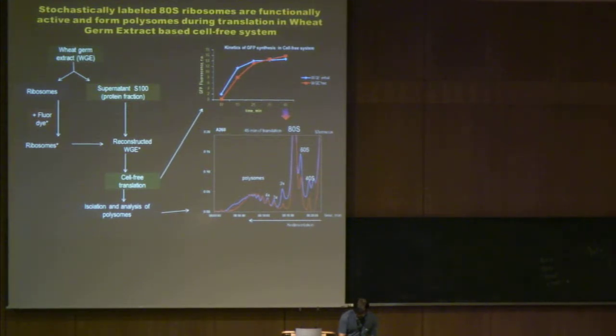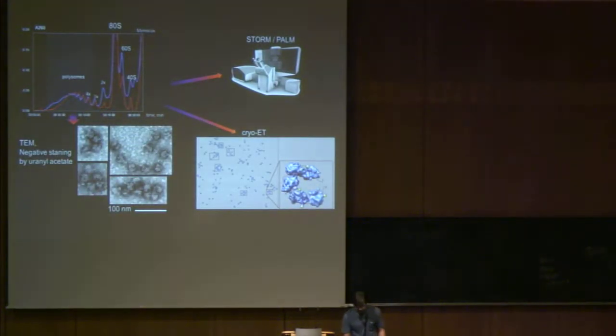It was great, and after that we can visualize them by electron microscopy. These are micrographs of polysomes negatively stained by uranyl acetate. So we can study the polysomes by cryo-electron tomography or by fluorescent super resolution microscopy.